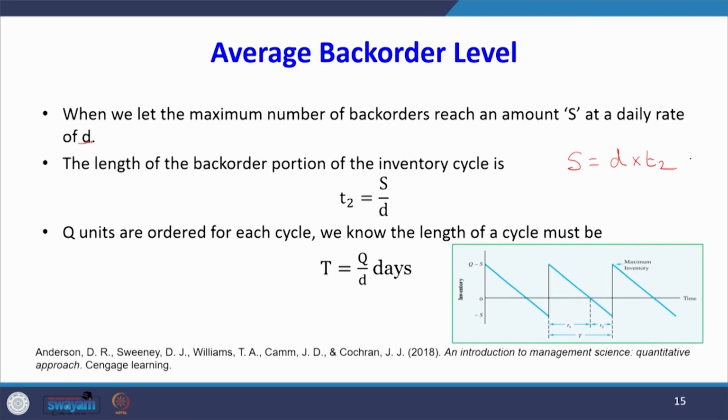From this expression we get T2 as S upon D. Q units are ordered for each cycle, so the length of the cycle is T equal to Q upon D. So, we got the expression for T2, and we already have the expression for T. These two expressions we are going to substitute in our previous equation.